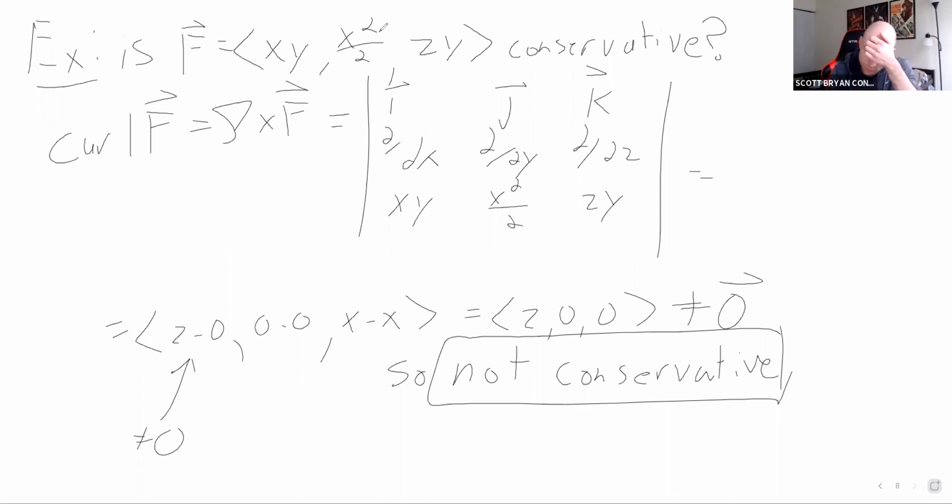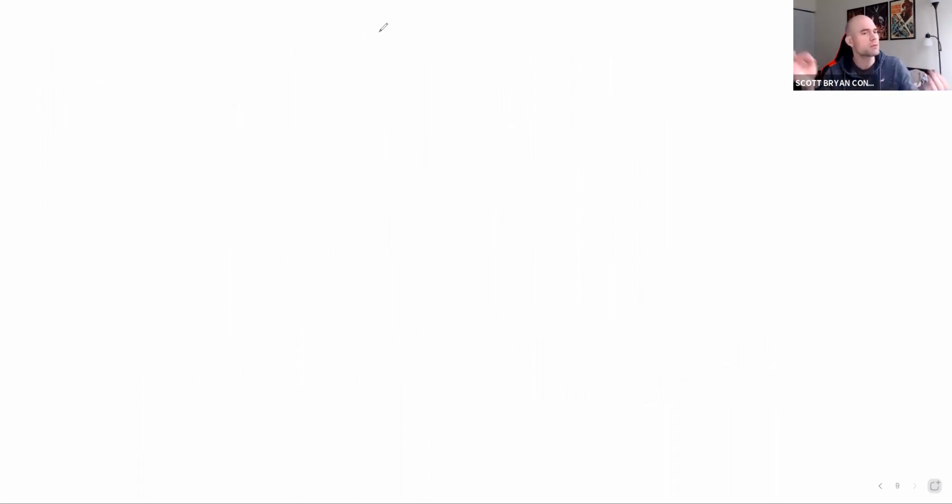And then just one more quick theorem before we leave. We'll talk more about conservative vector fields in a couple chapters. So remember we said a vector field is conservative if it has a potential function.